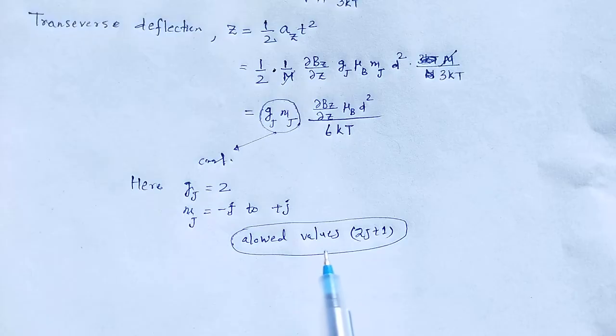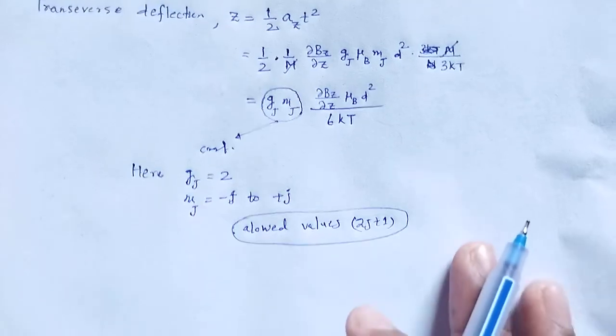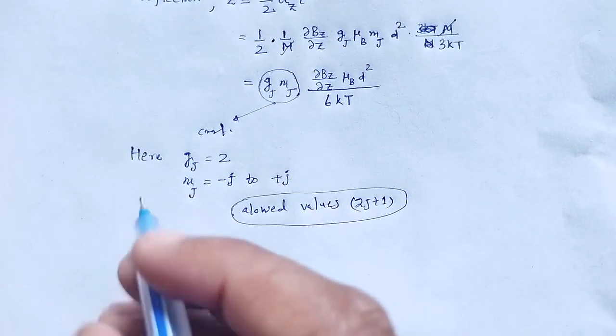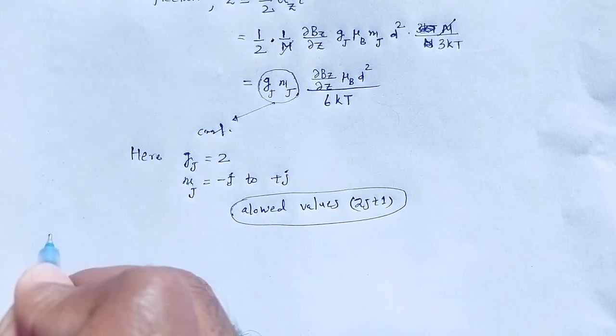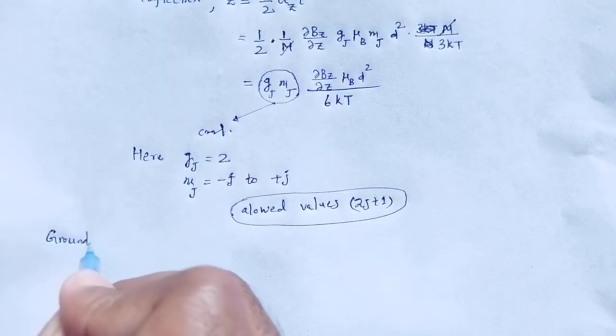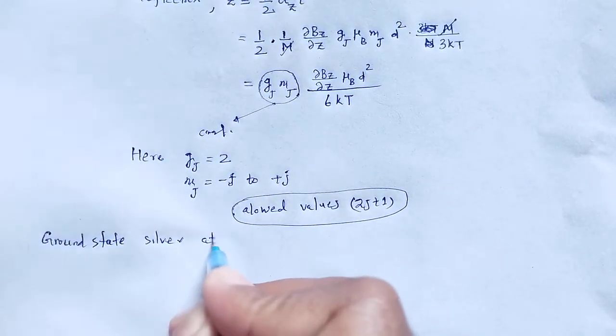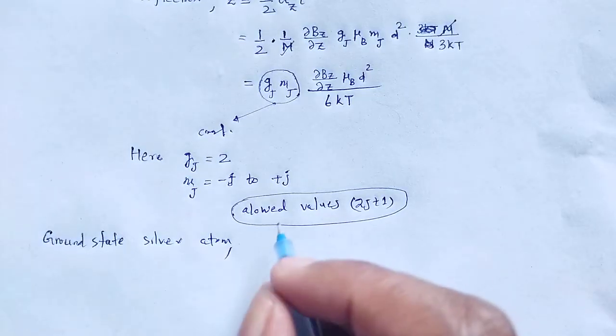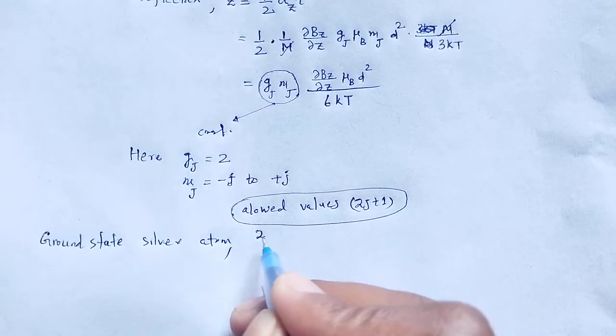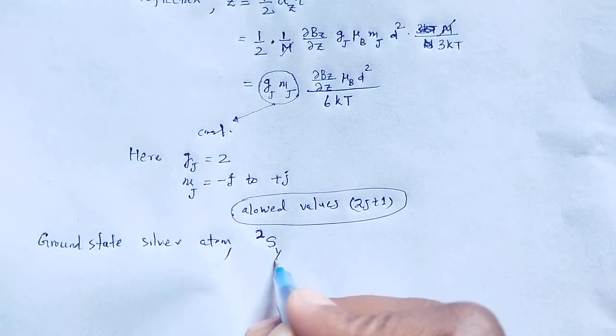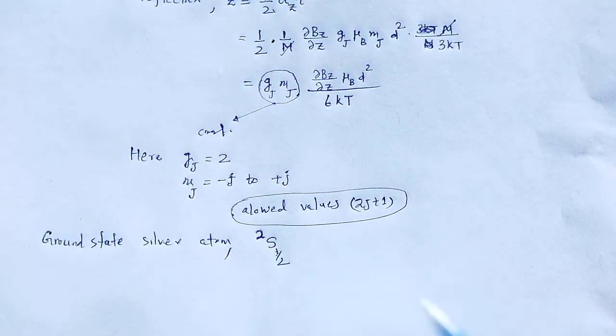Now in the case of the ground state silver atom, in the oven we consider the ground state silver atom, designated as multiplicity 2 S half. This is the ground state silver atom.